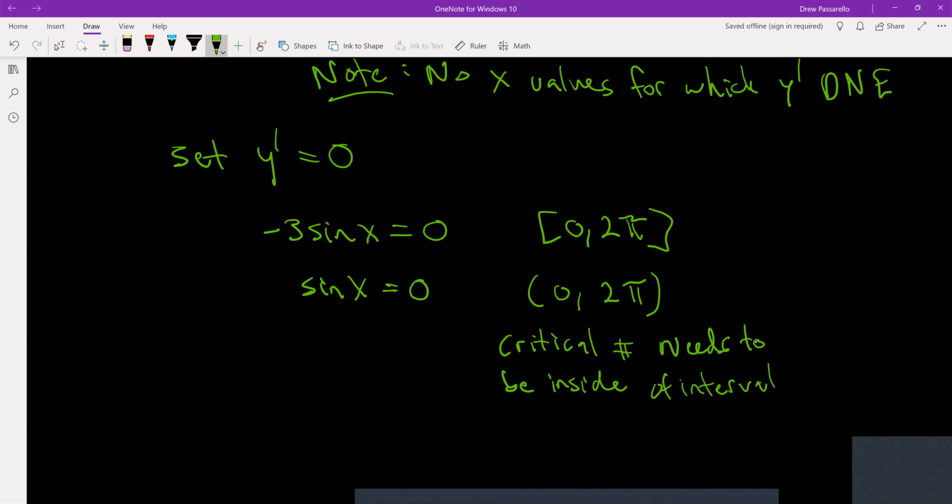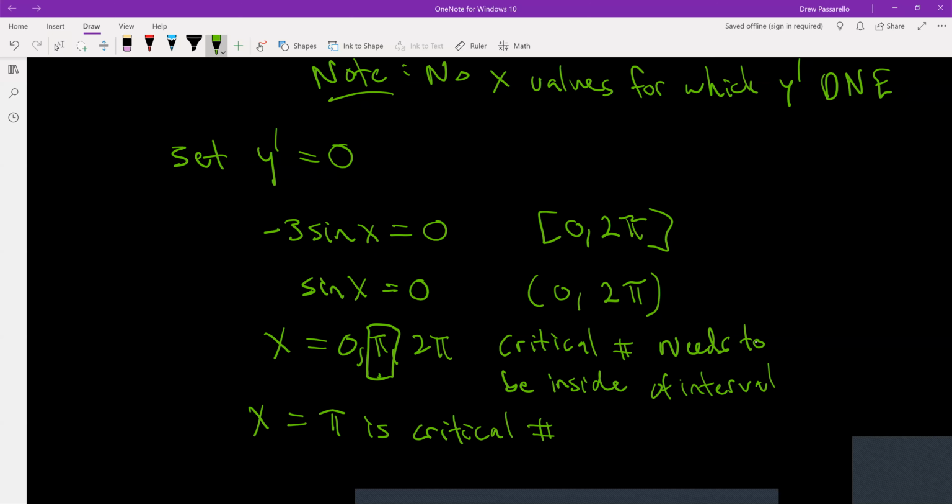So we know if you had the unit circle and you had the points like 0 and then pi and 2 pi, that's when sine is 0. But we only care about the one that lies between 0 and 2 pi. So our only critical number is pi.